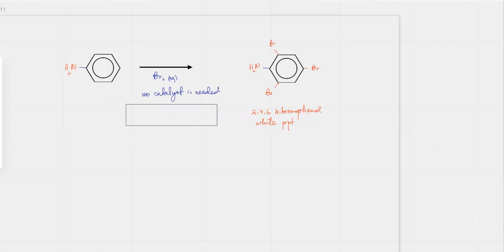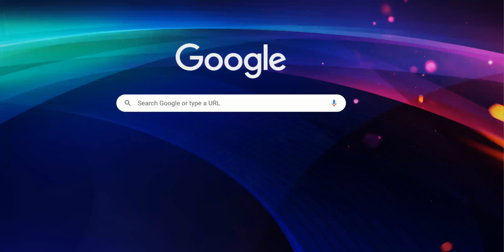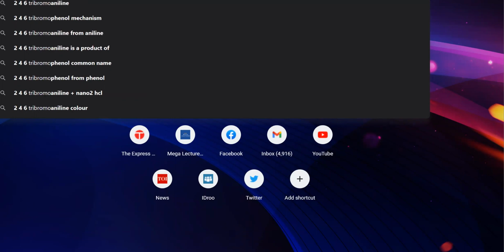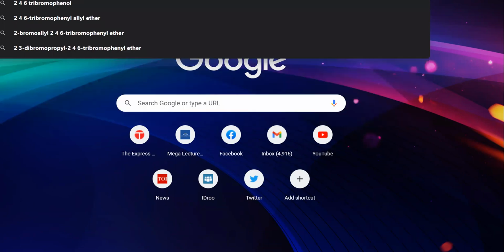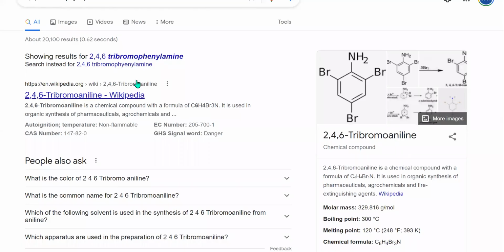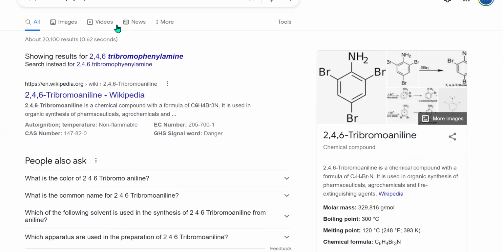Tribromophenylamine, unlike that, is not a white precipitate, but we can just find out. This one is not used as a test. So let's see if there's a color property. We can just Google it.